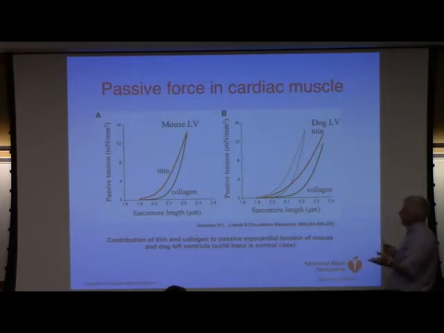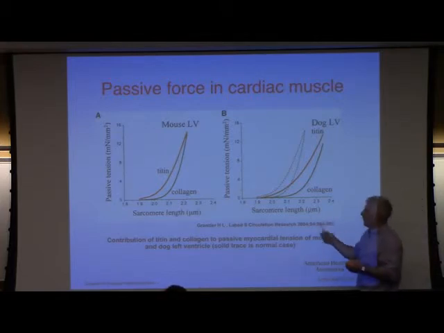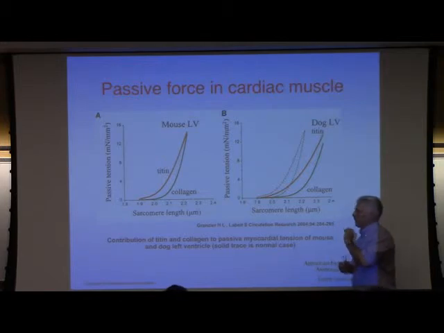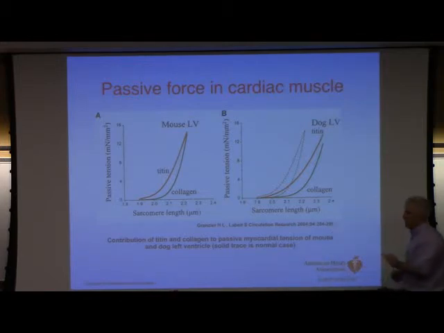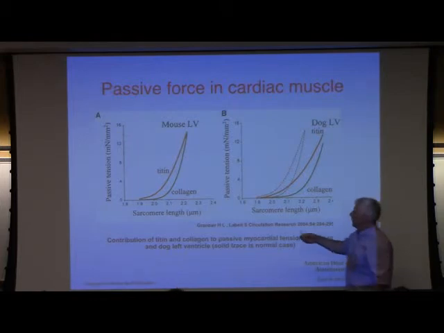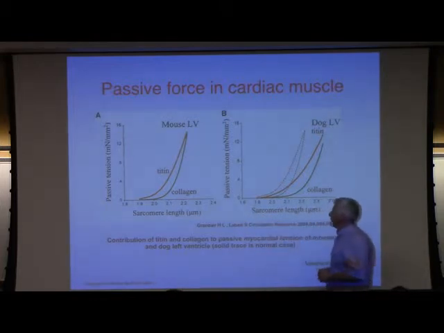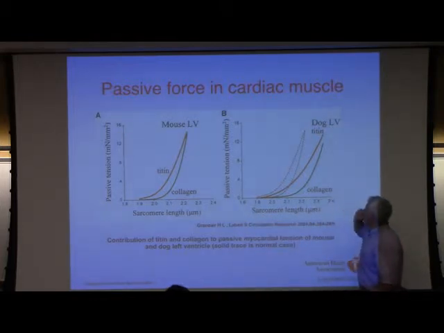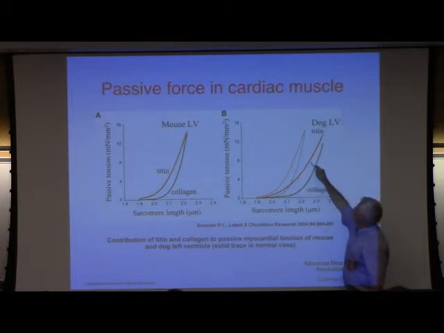So there's somewhat slightly different lengths here because of heart sizes for a mouse is teeny weeny and beats about 600 times a minute, whereas a dog is much larger and beats more like 120 times a minute. So it turns out there's some differences in the lengths here. But the important thing here is that there is one component of passive force from titin.